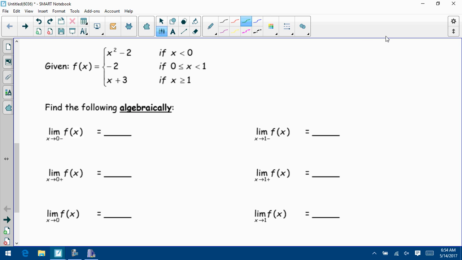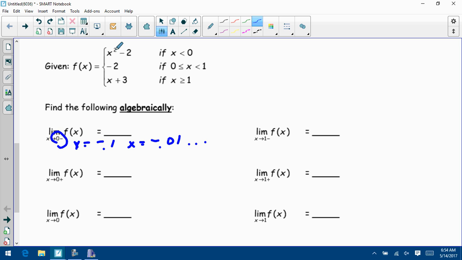If I'm first looking for the limit as x goes to 0 from the left, that means I'm plugging in values technically not at 0, but to the left of 0. So I'd be plugging in x equals negative 0.1 or x equals negative 0.01. Which of these three domains do those fall into?